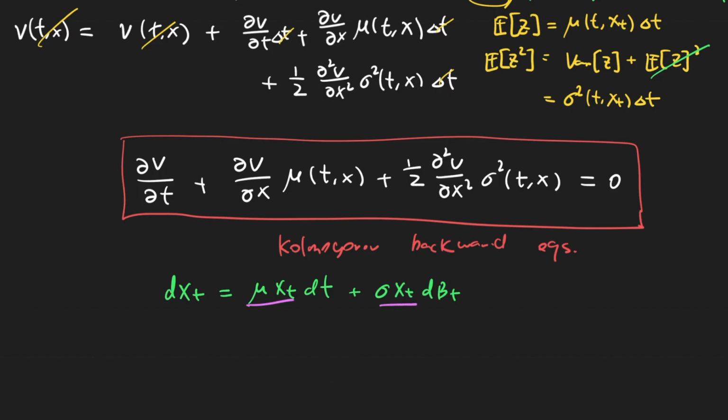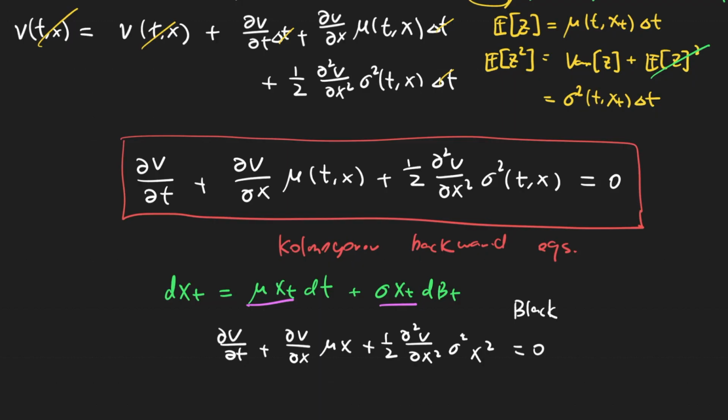Okay, so we'll have partial v partial t plus partial v partial x times mu times x plus a half the second order derivative times sigma square x square equals to 0. So that is the Black-Scholes equation for option pricing.